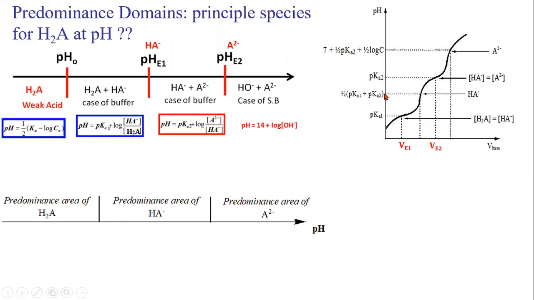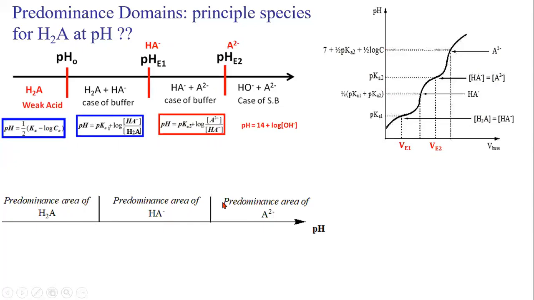Of course, at some point, we only get H₂A. And so I go from H₂A, I start to produce HA minus. And as my pH increases further, I start to produce A2 minus.